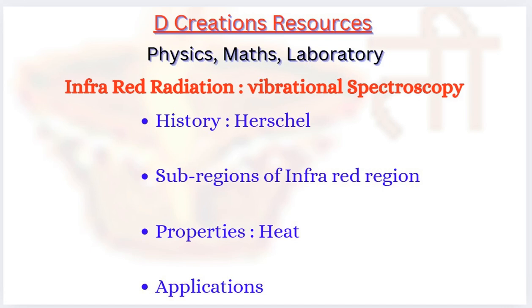Now, apart from the applications that we mentioned, whether communication or medical applications, our prime interest right now is its application in spectroscopy: infrared vibrational spectroscopy is used for identifying molecules.